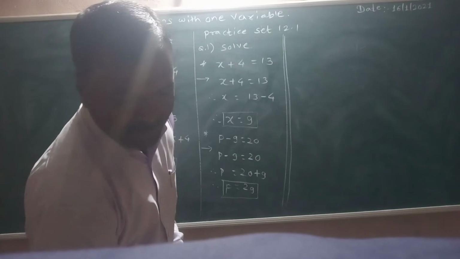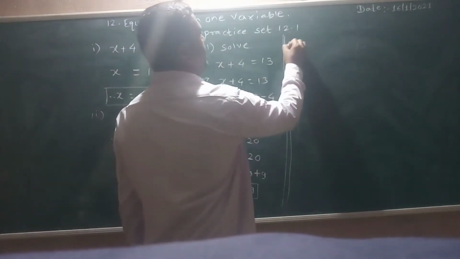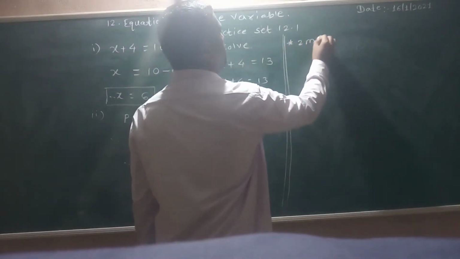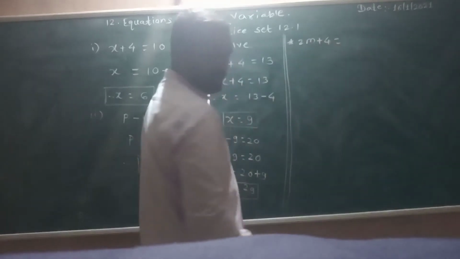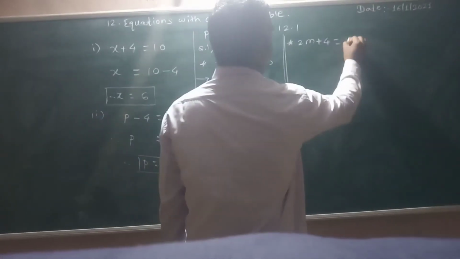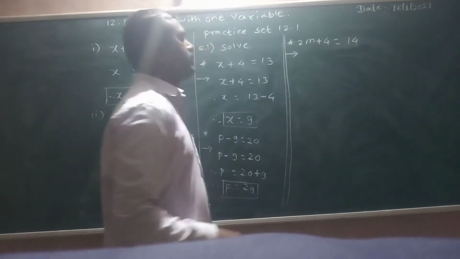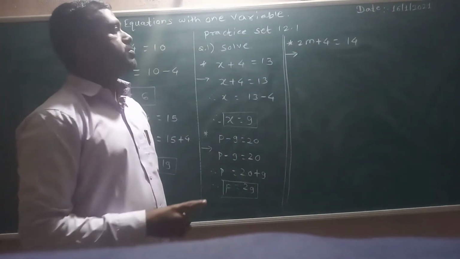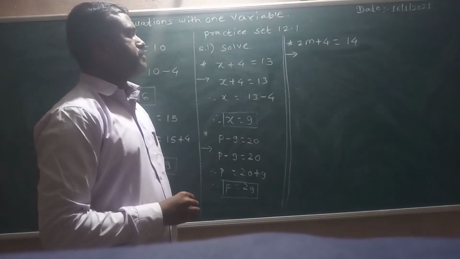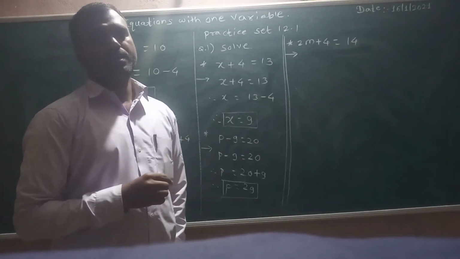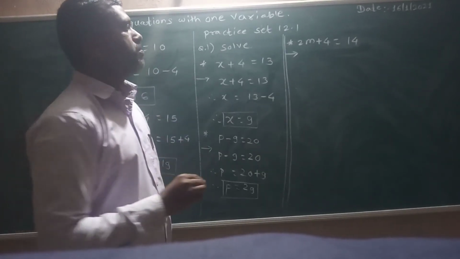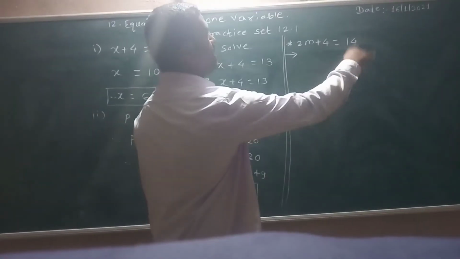See here, next example is that 2m plus 4 is equal to 14. In this example, we can transfer plus 4 towards the right side.